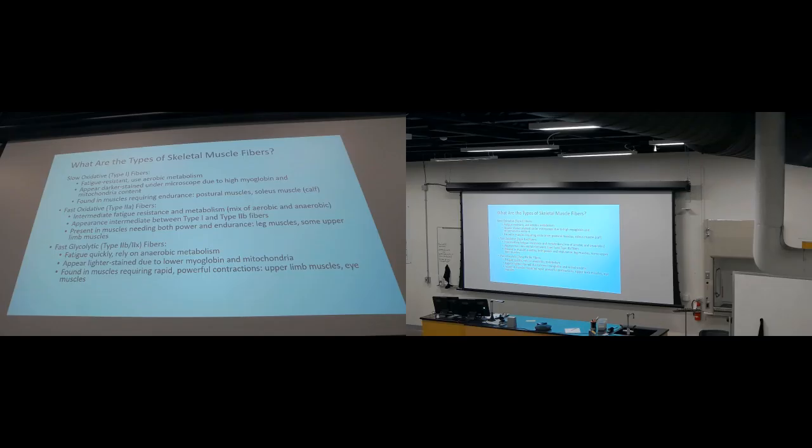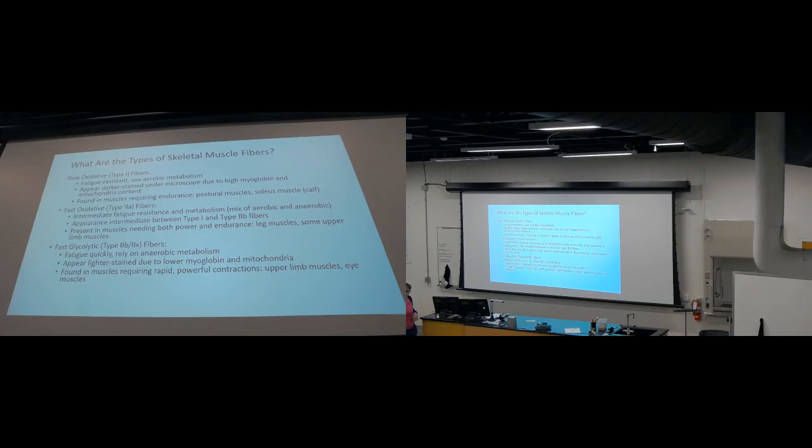Fast glycolytic fibers, or type 2B or 2X, are fatigue non-resistant fibers. They undergo anaerobic metabolism, and we have them in areas of the body that require rapid and powerful contractions, like our eye muscles and upper limb muscles.